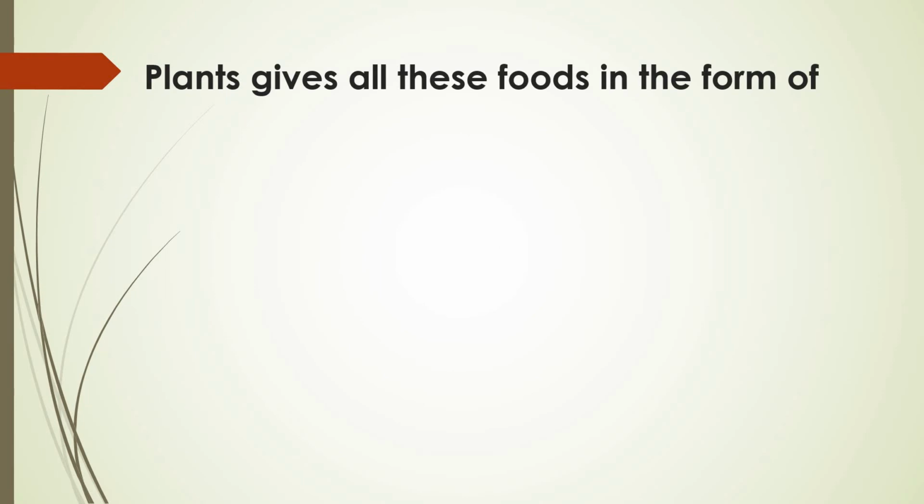Now these different types of food which we get from plants are mainly classified in the following different forms. Like fruits, we get food in the form of fruits from plants. We get food in the form of vegetables from plants.